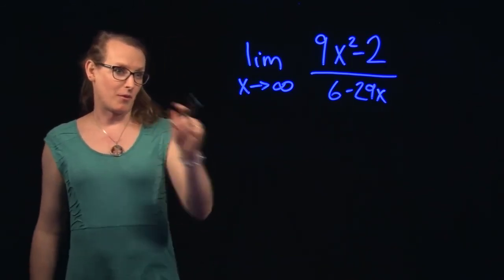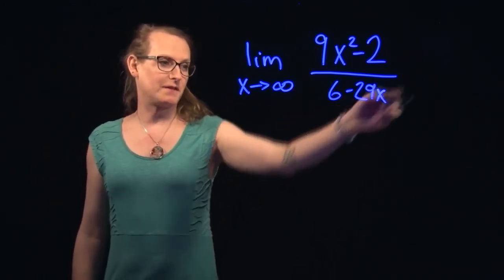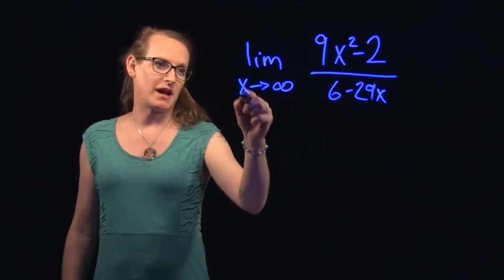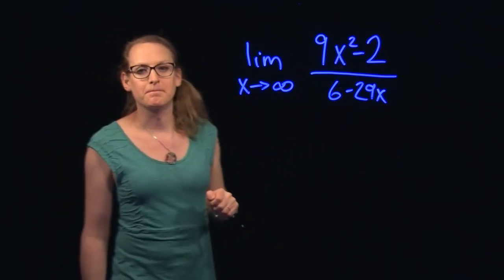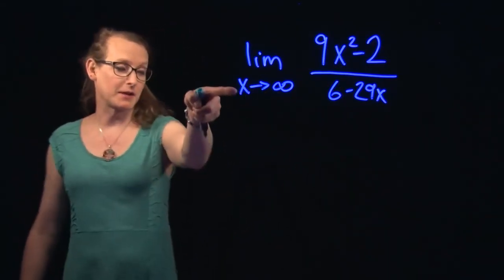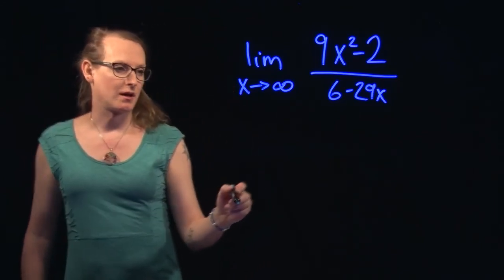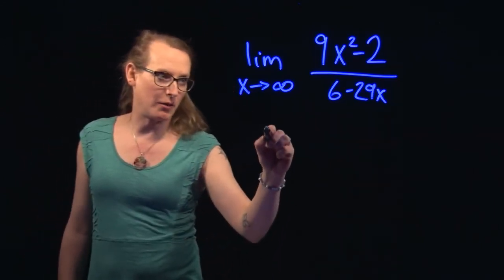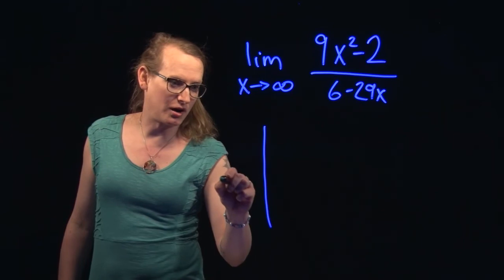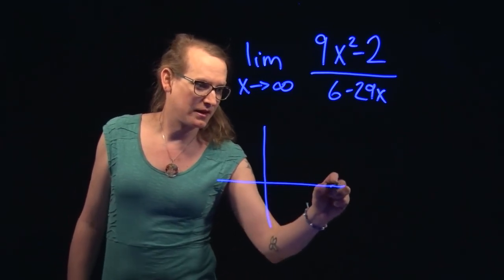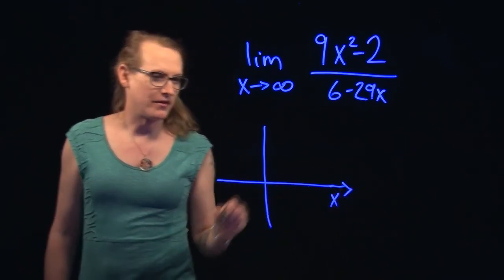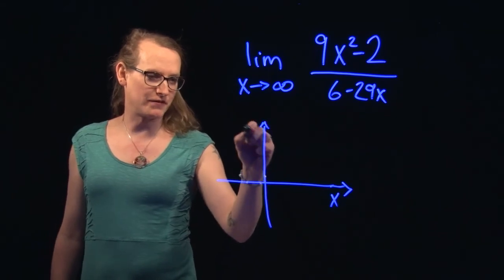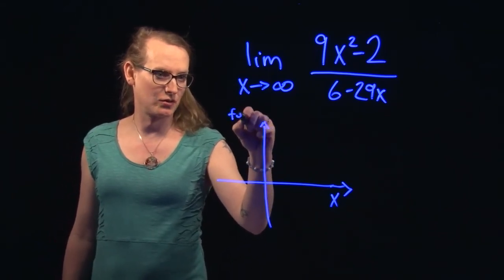What we're going to do is explore what happens to the values of this function as x goes to infinity. So x is getting bigger and bigger and bigger. In terms of a picture, I've got some axes, and x lives on that axis, and function values live on this axis.